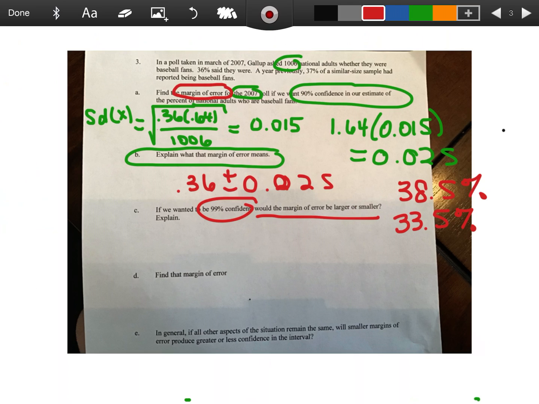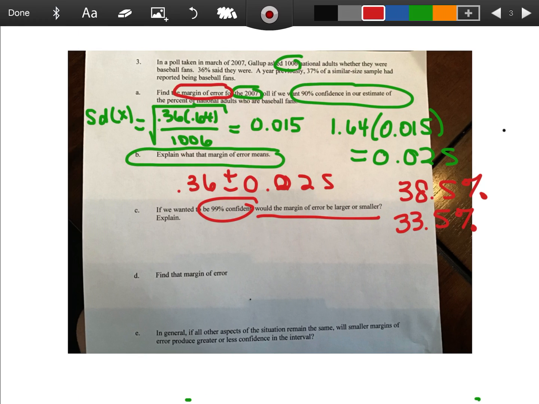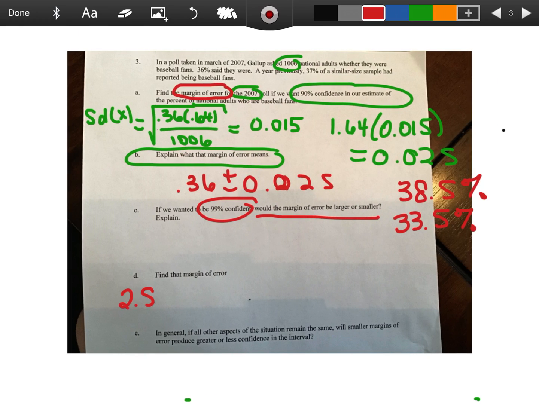The question there was, would the margin of error be larger or smaller? And the answer would be larger. And we want to find that margin of error. So I'm going to scroll back again. 2.58 is the z-score. So I'm going to take that 2.58 and I'm going to multiply it by my standard deviation again, which you could always calculate again, or you could go up and grab that answer out of your calculating screen.